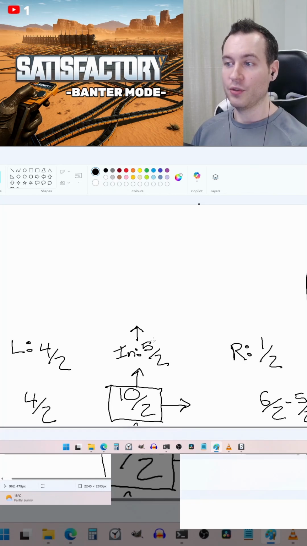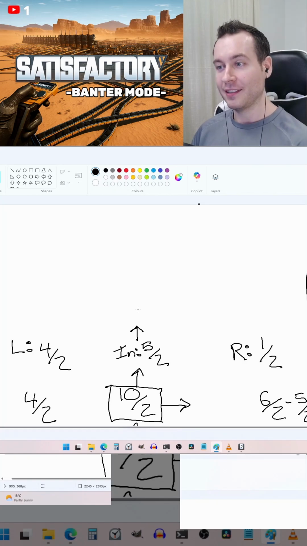So if we want to divide 5/2 by 3 in order to give 2/3 to the left belt, we can multiply all numerators and denominators by 3 to have a clean division. 5 times 3 is 15. 2 times 3 is 6.